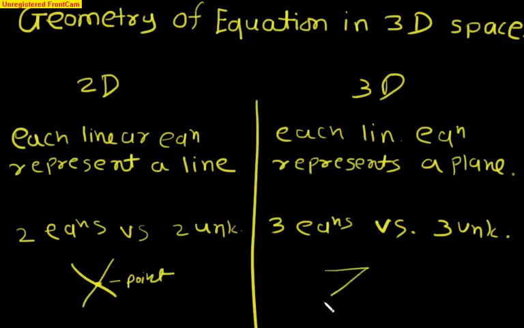But friends, in three-dimensional space we will have planes. Actually we will have three planes. If I draw a third plane, it will make the figure complicated. The intersection point of these three planes is also a point.